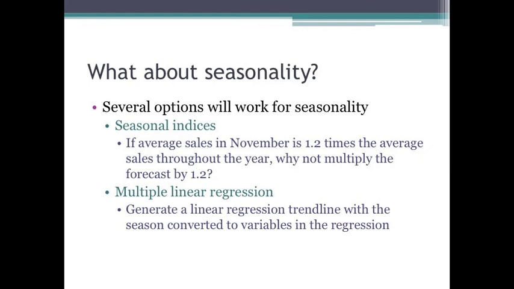And the other option is what's known as multiple linear regression. What happens with multiple linear regression is it's a regression. It's a really fancy trend line. It's just that instead of having a single x and multiple y values, we have one y, what we're trying to forecast, but we have multiple x values.